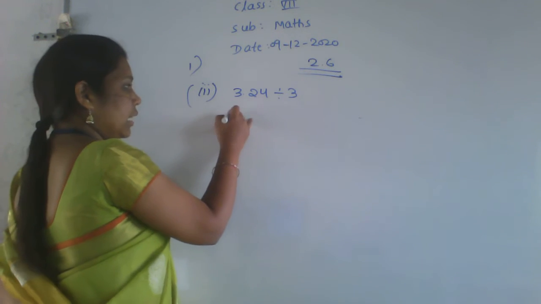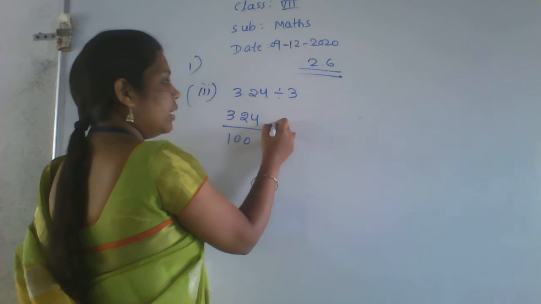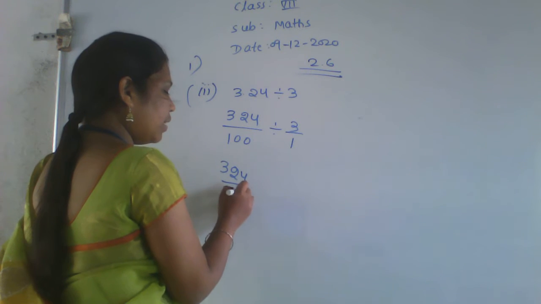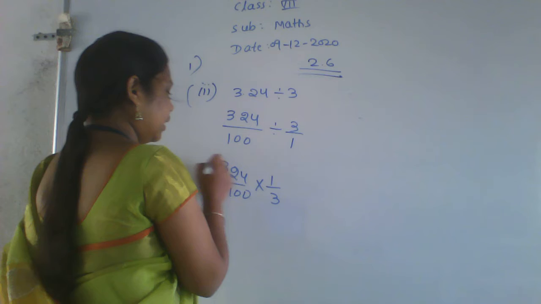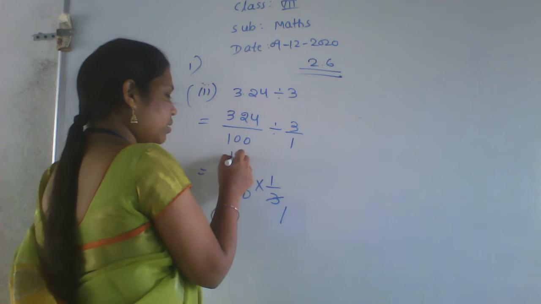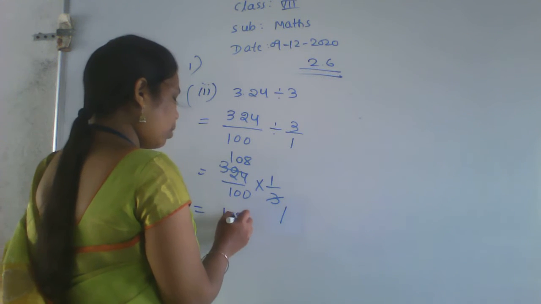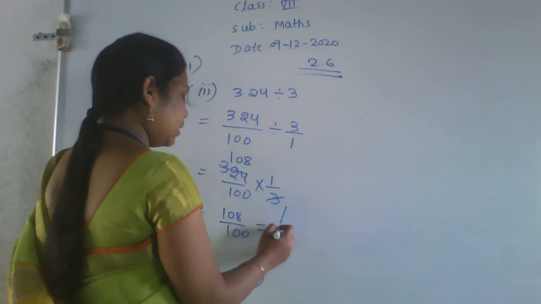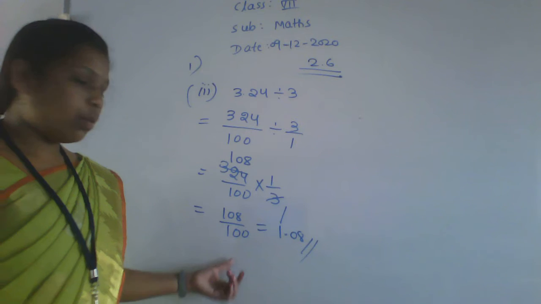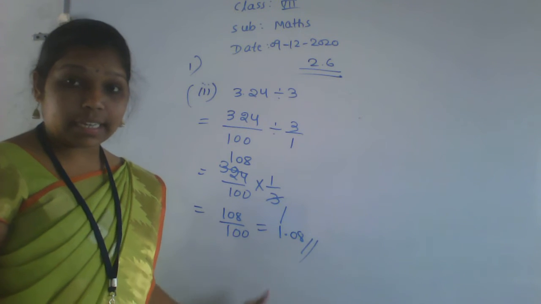See here, 3.24 means it is 324 divided by 100, divided by 3 by 1. 324 divided by 100 into 1 by 3. Okay. So here 3 ones are 3, and next 3 eights are 24. So the answer is 108 by 100. That is nothing but 1.08. 108 by 100 is the answer, otherwise 1.08 is the answer.